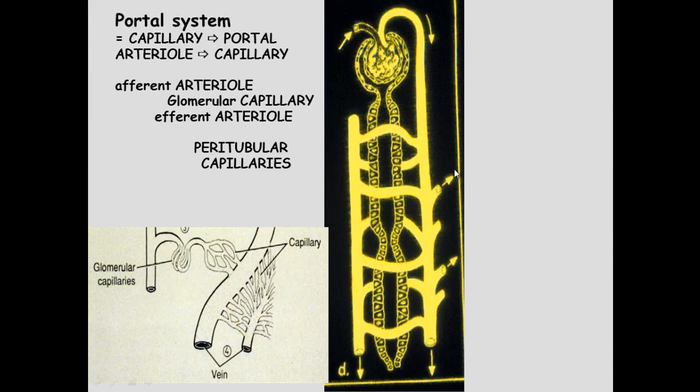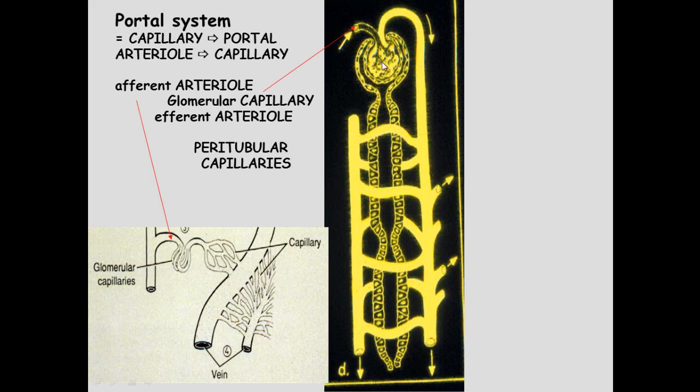And if you remember when we talked about portal systems, you had to have two capillary networks and a portal vessel in between. And that's what we have here in the kidney. The first capillary network is the glomerulus, and the second capillary network is the peritubular capillaries.